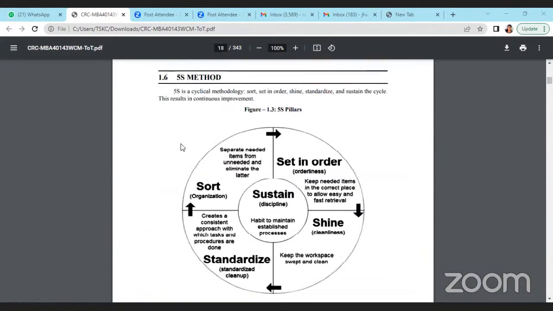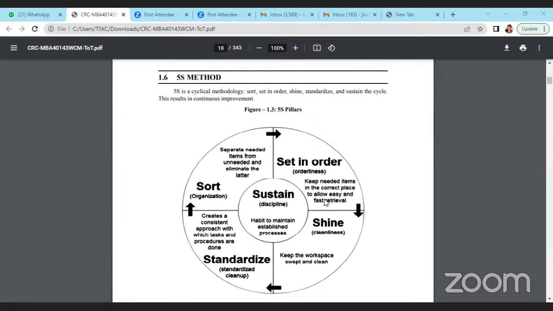The next one is the 5S method. As we discussed in the first unit, it's going to discuss the 5S method. 5S is a cyclical method. If you can just look here. Set in order, that is, keep needed items in the correct place to allow easy and fast retrieval.